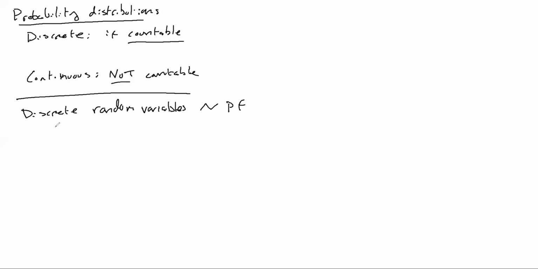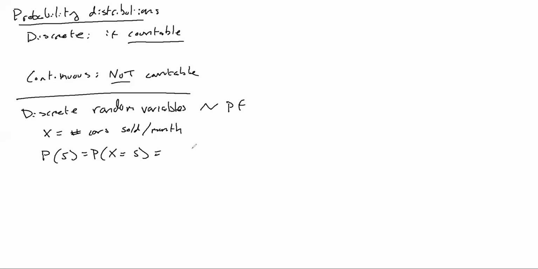So maybe if you're doing a car lot, let's say X is the number of cars sold per month. Let's say the probability of 5 cars sold in a month, that'd be the probability of X, big X, being equal to 5.